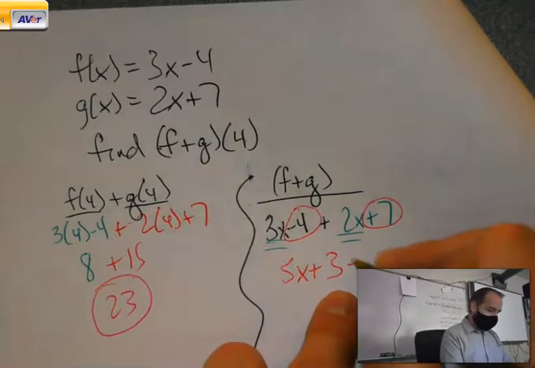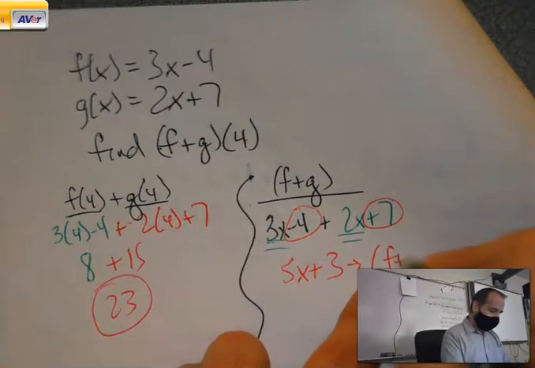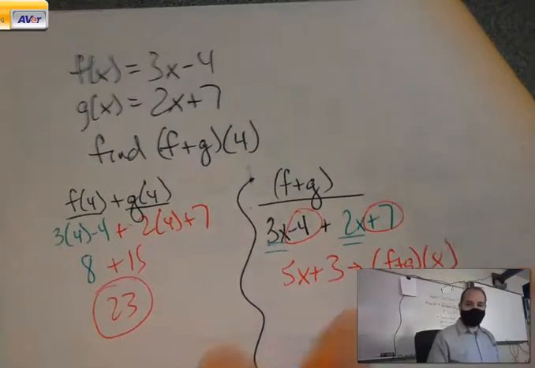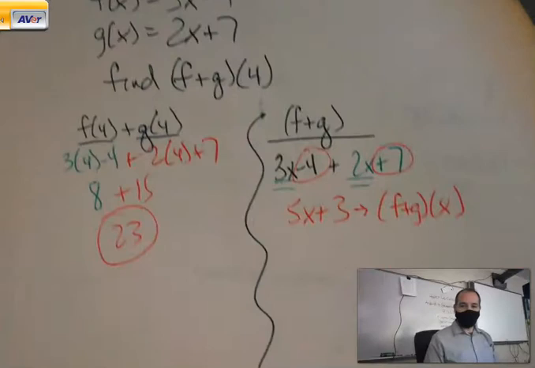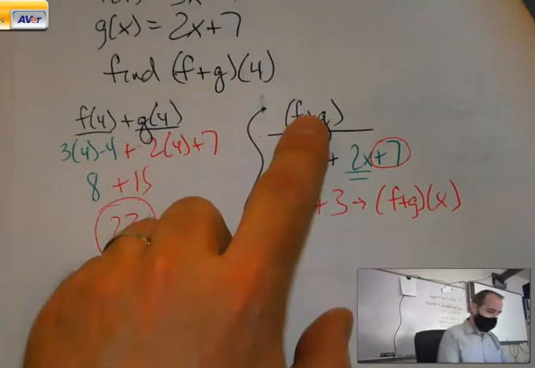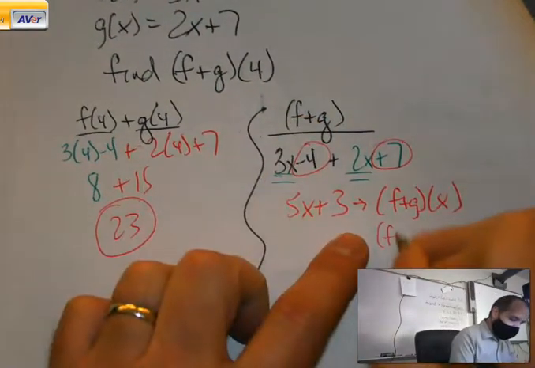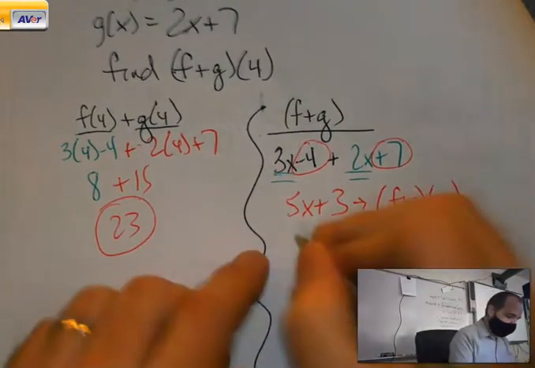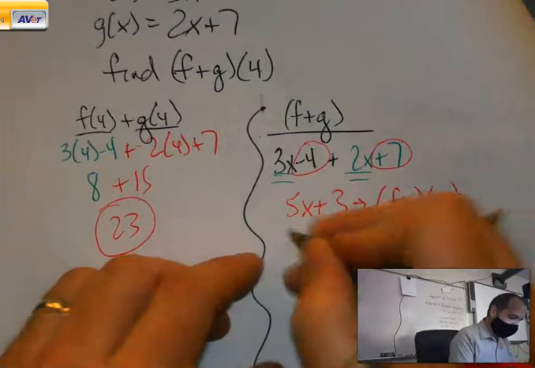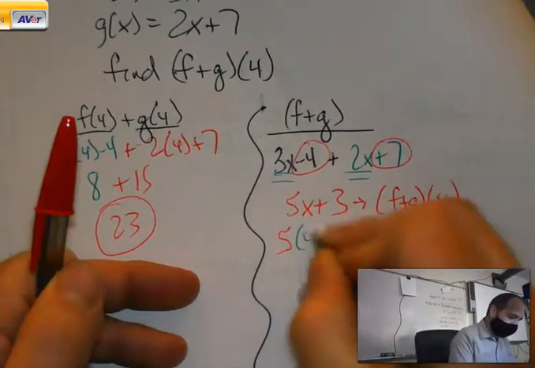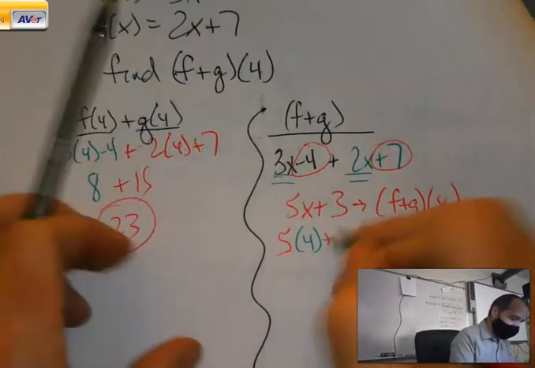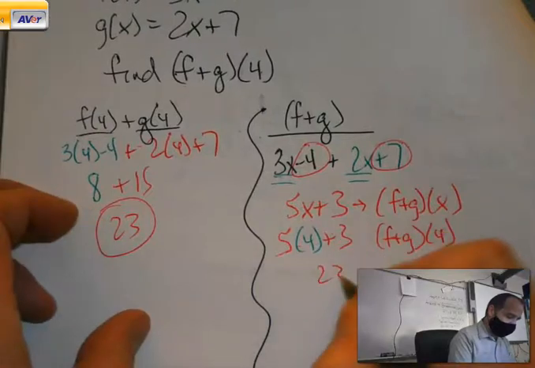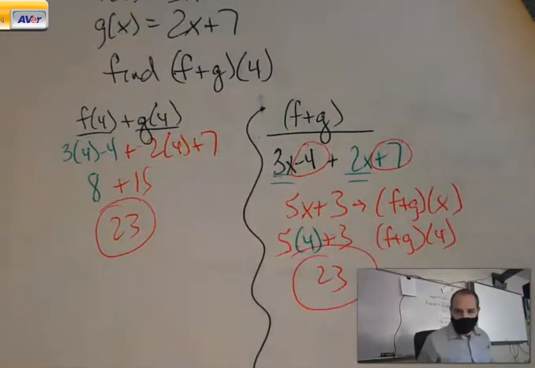So this would be f plus g of x. But we actually have a number this time. So f plus g of 4 would just mean I plug the 4 in for x right here. 20 plus 3 is 23. And we get the same thing.